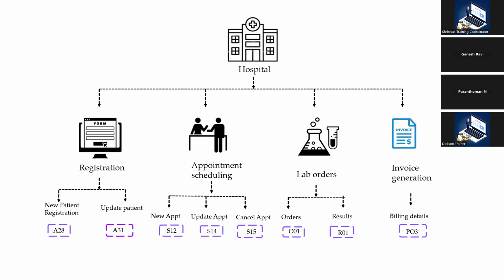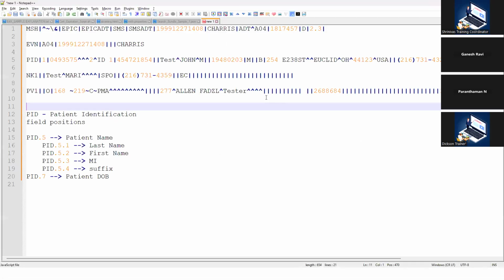Now, you combine both the message code and trigger event to represent what message type you have. Let me show that in the HL7 message that we were looking at earlier. So this is the HL7 message that we have, right? And within this HL7 message, let's say we have it as A28.